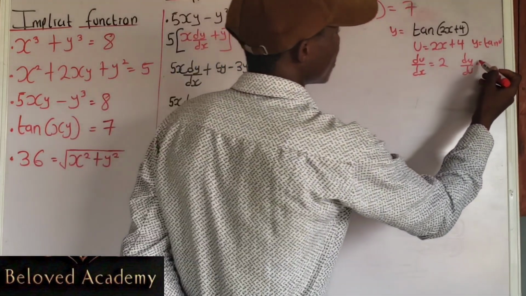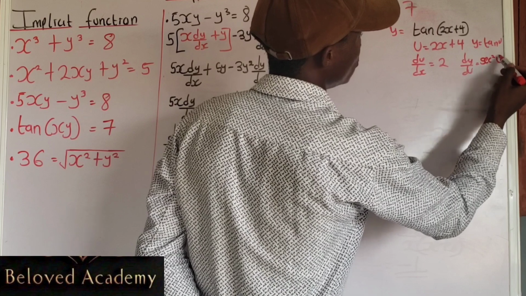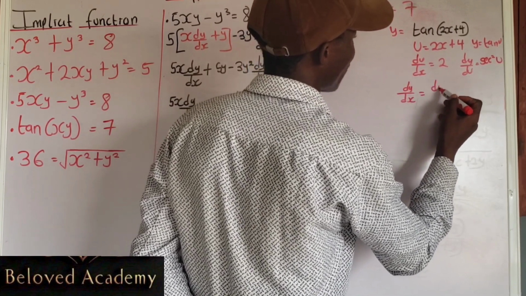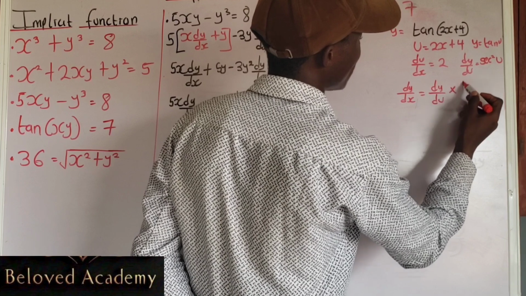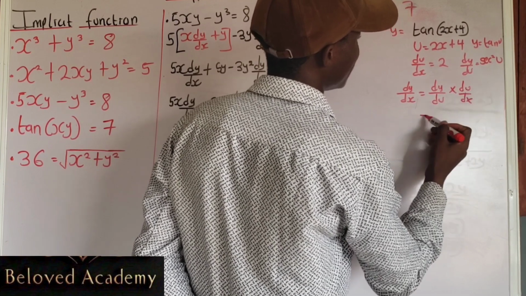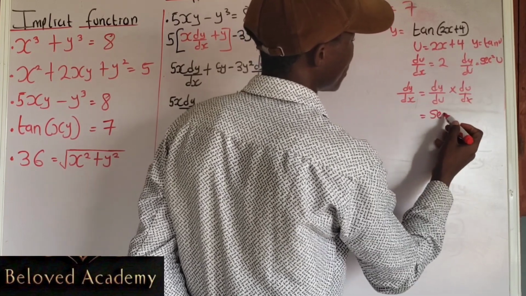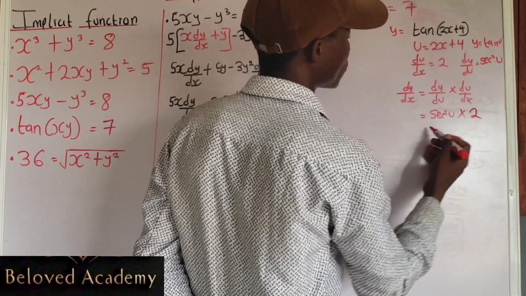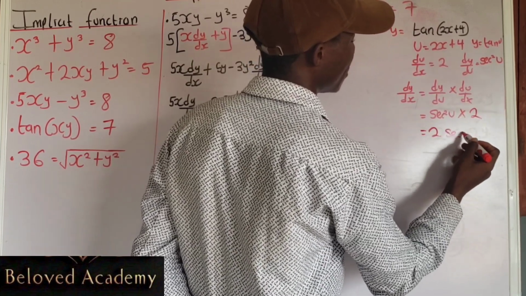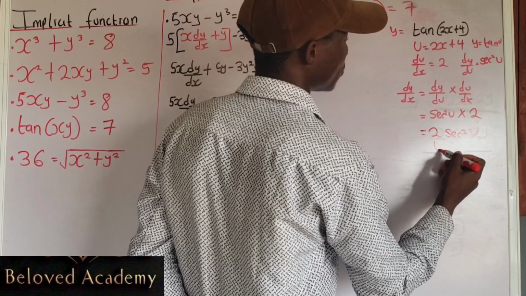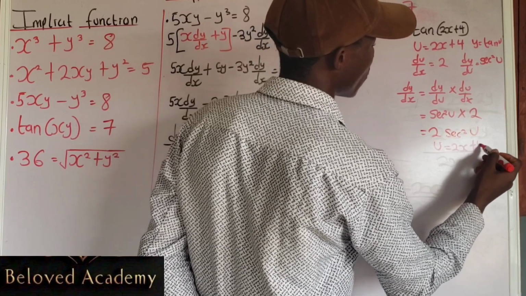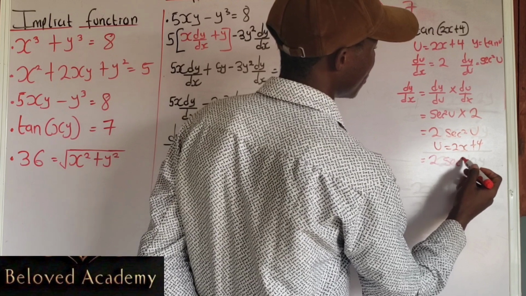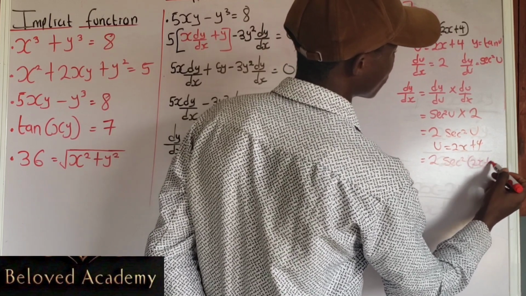So dy/dx equals dy/du multiplied by du/dx. dy/du is sec squared u multiplied by du/dx, and du/dx is 2. So I'm going to have 2 sec squared u. Now, recall that u equals what? 2x plus 4. So dy/dx equals 2 sec squared(2x plus 4).